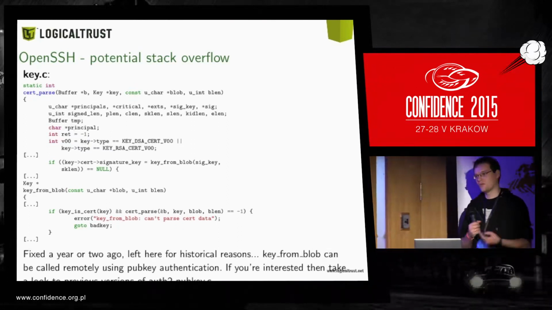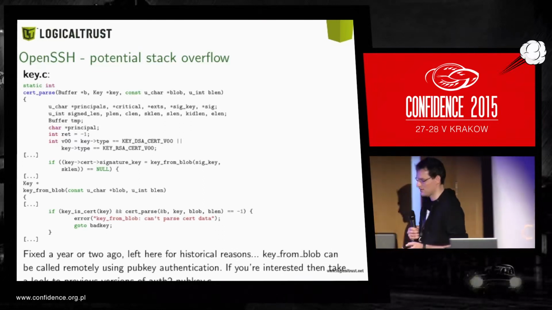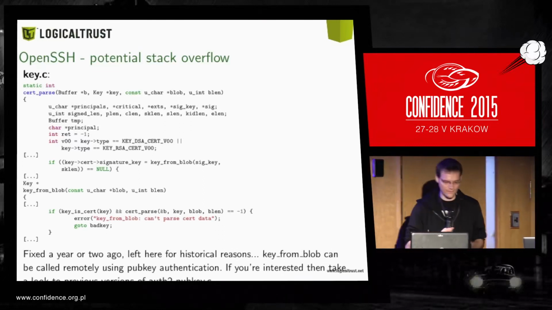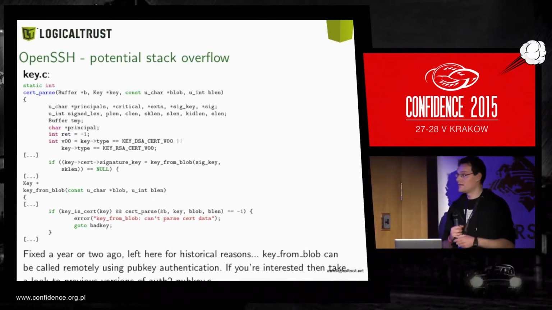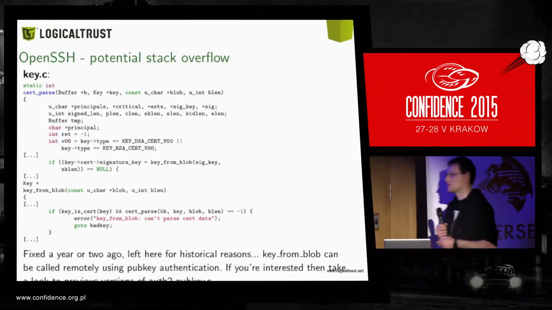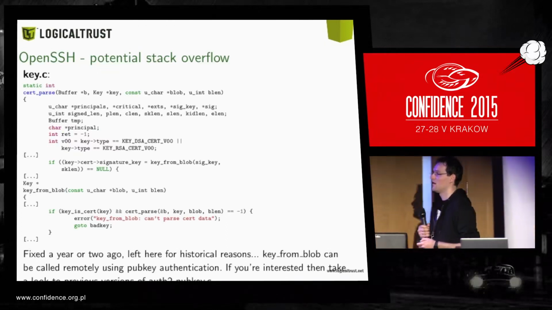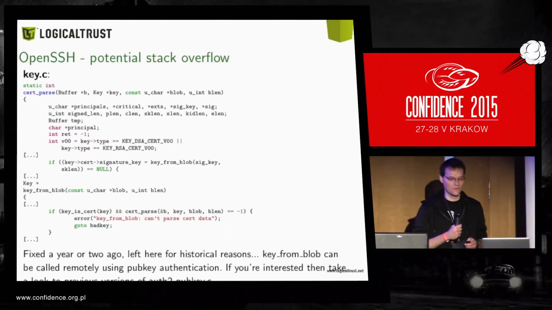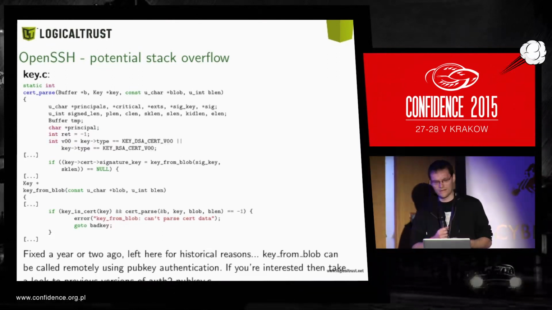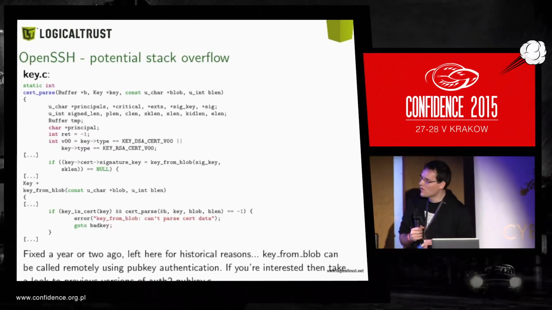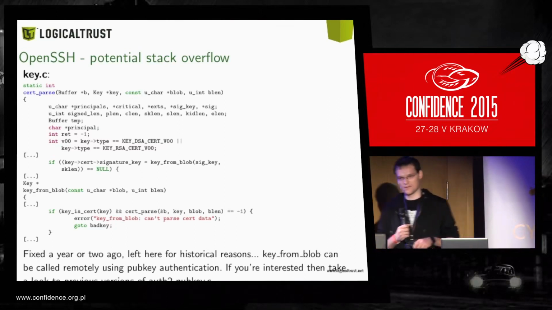There are some documents, RFCs, or something like that, that state how SSH should look. And there are also documents which specify how certificates should look. And here is the code that parses those certificates.